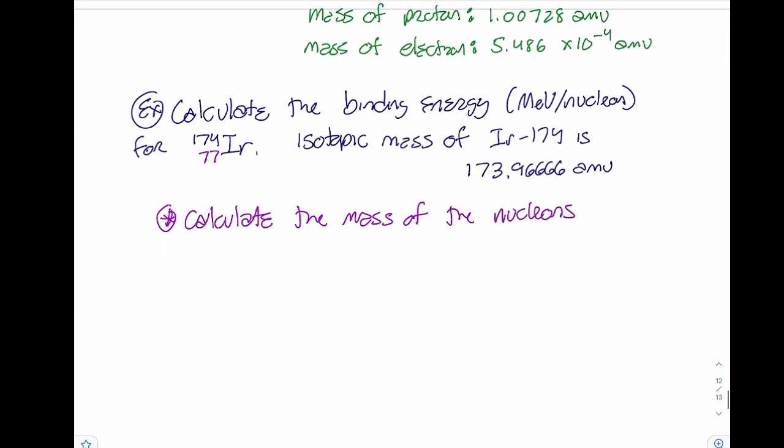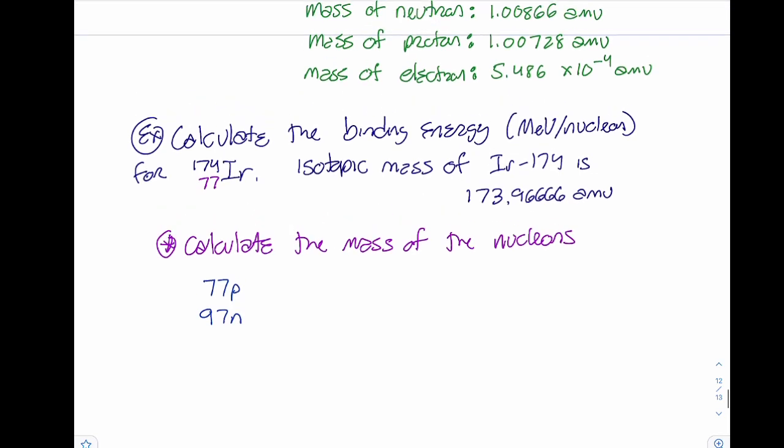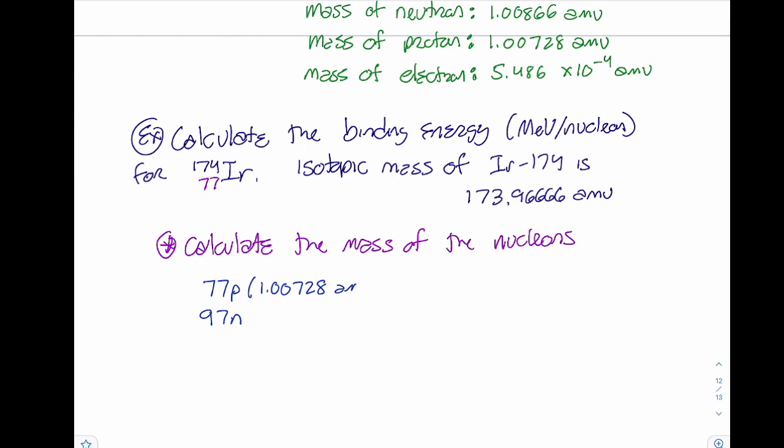So I have 77 protons, and 174 minus 77 gives me 97 neutrons. I'm going to take 77 and multiply it by the mass of a proton, 1.00728 atomic mass units. I'm going to take 97 and multiply it by the mass of my neutron, 1.00866 atomic mass units.